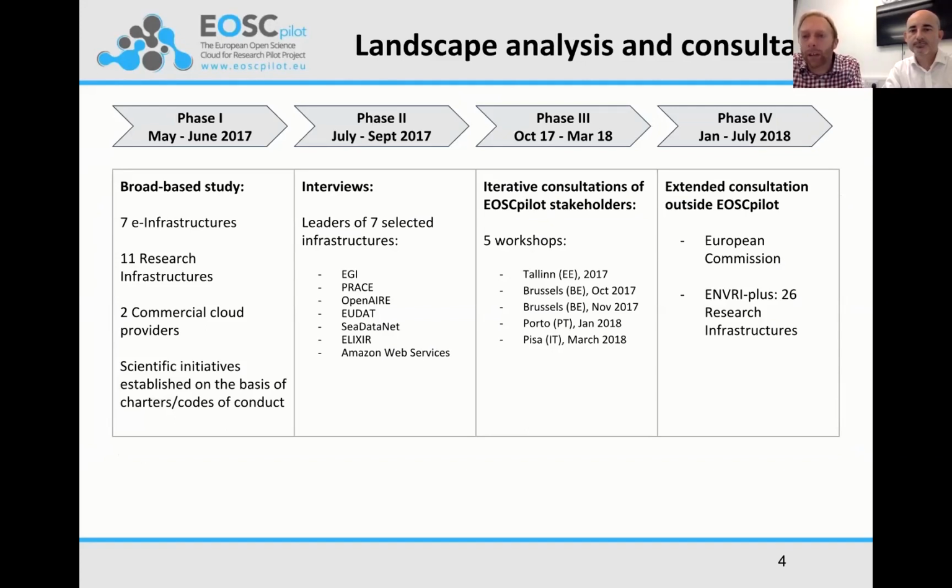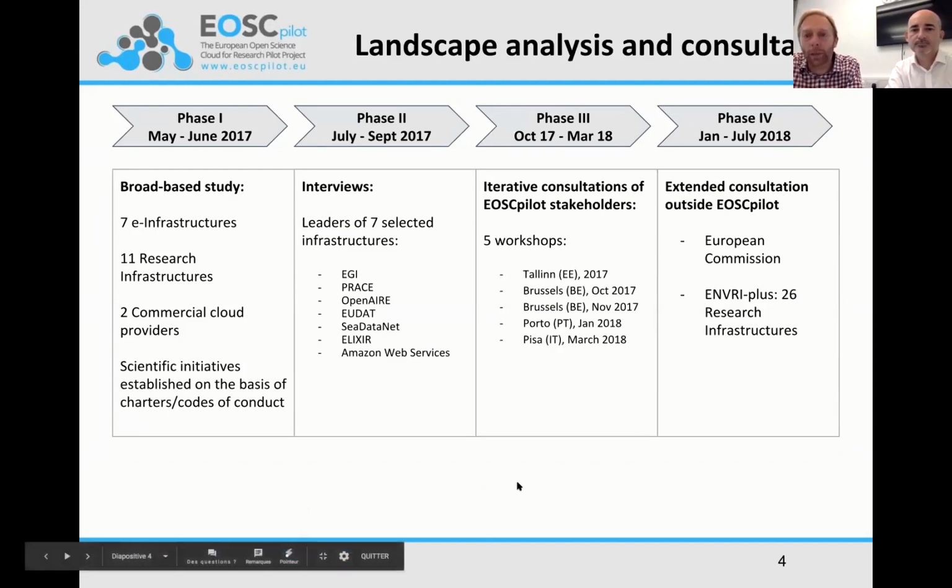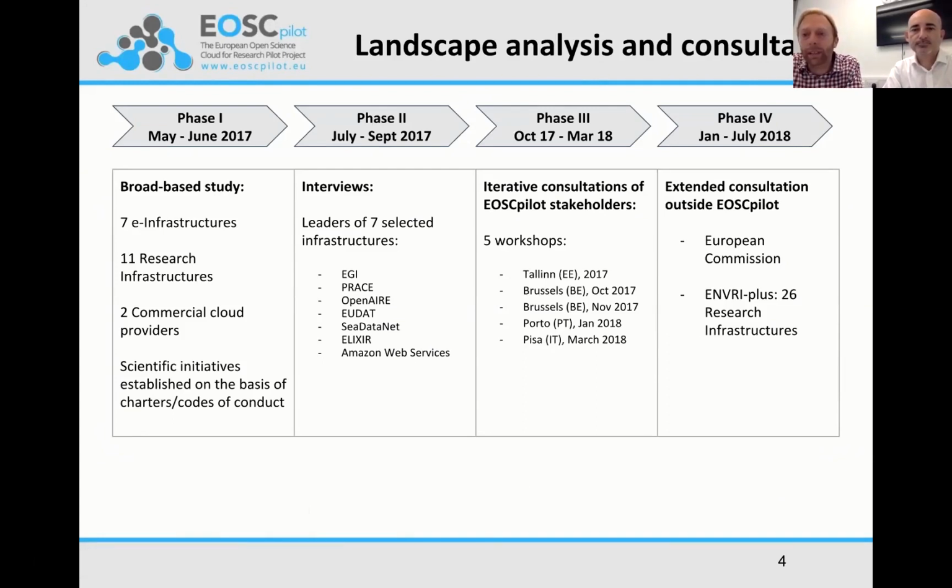So we really started this piece of work by trying to analyze existing organizations, projects, research infrastructures, and community initiatives that had similar types of rules. And the purpose of this was to try and help us define what the scope of the rules should be. If you set barriers that are too high, it makes it very difficult for service providing organizations to adopt those.